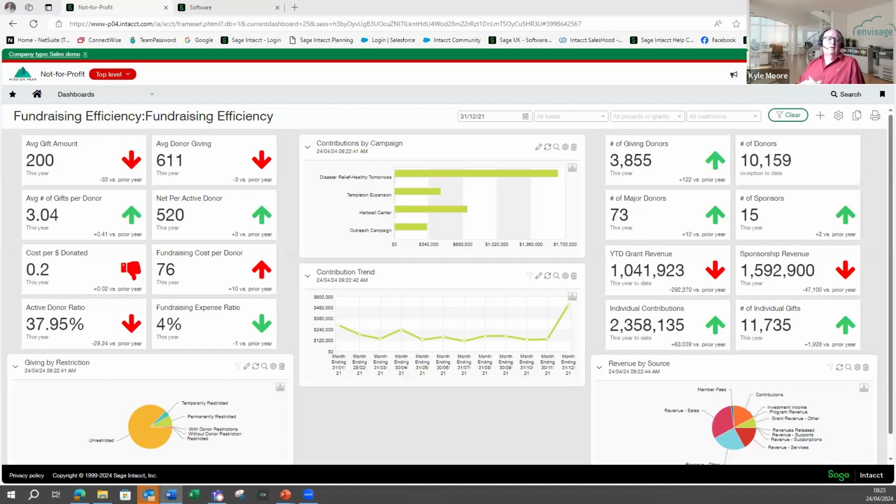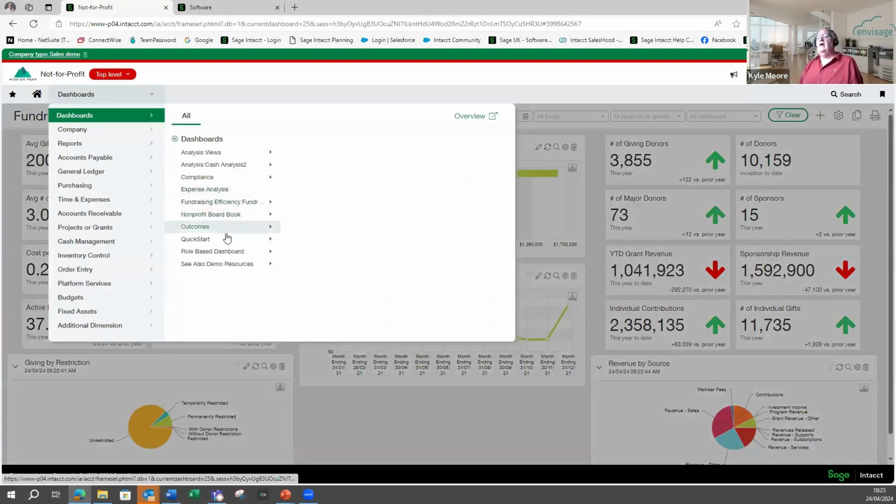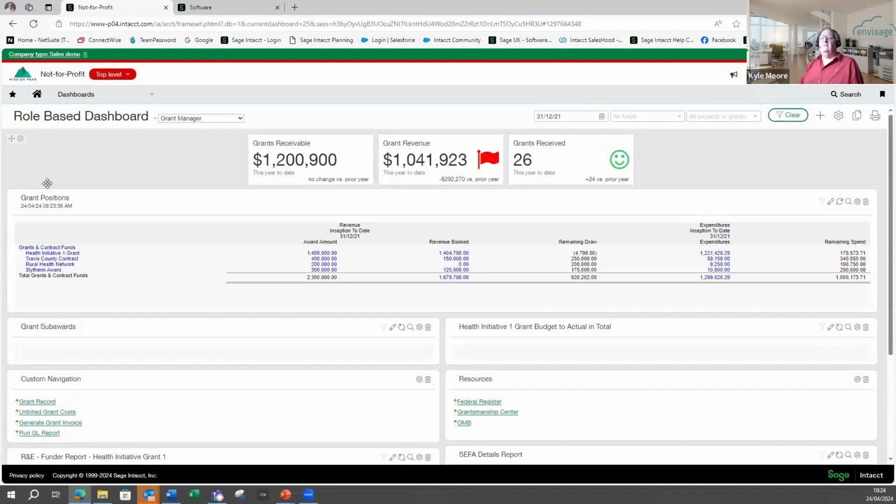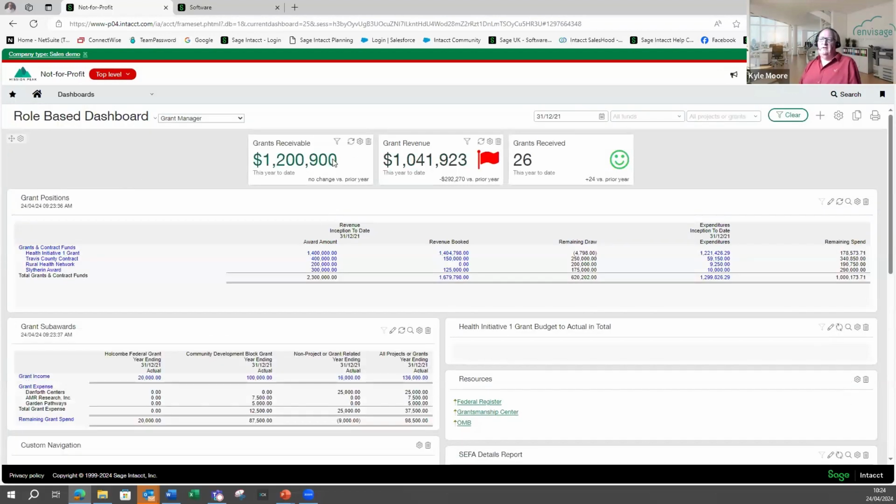Perhaps a lot of the money coming in to our organization is from grants. So we want to look at that. So again, if I look at my dashboards, we have a role-based dashboard for a grant manager. And that grant manager then can look at key indicators around the grants, how many grants we have received, what our revenue's been from them.